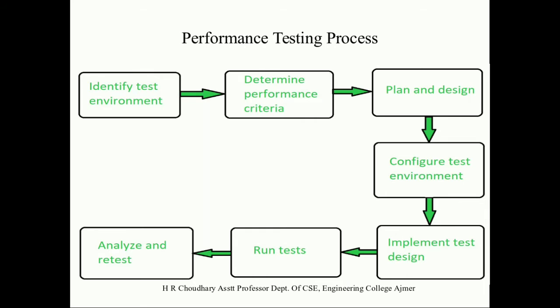After that we move to determine performance criteria, and this includes the goals and the constraints for throughput, response time, and resource allocation.